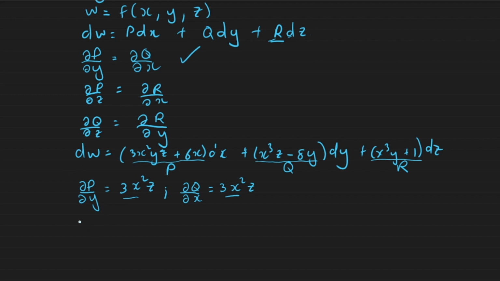Then we now need to look at the second one, and the second one says we need to find the derivative of p with respect to z. So doing that, we just have a z here, so that just disappears. So we're left with 3x²y. Now we need to find the derivative of r with respect to x.